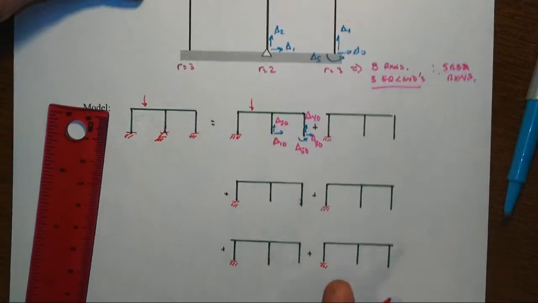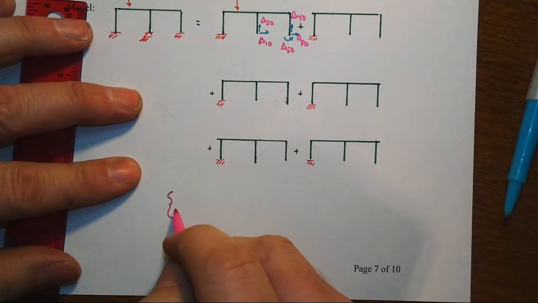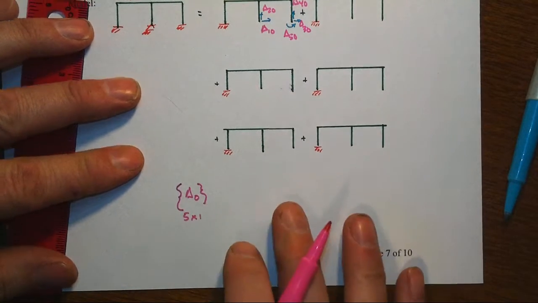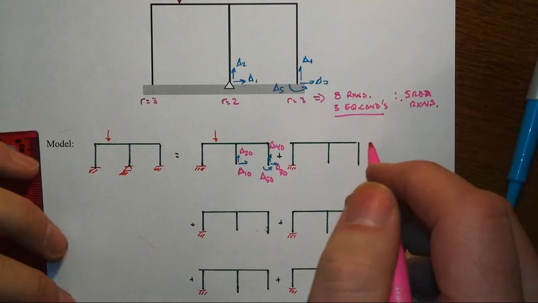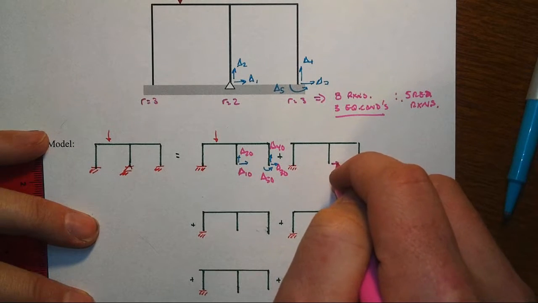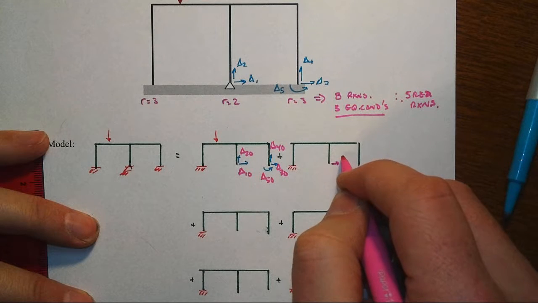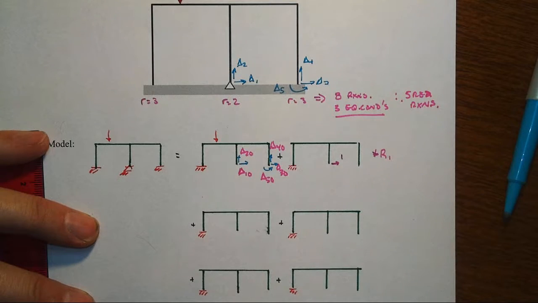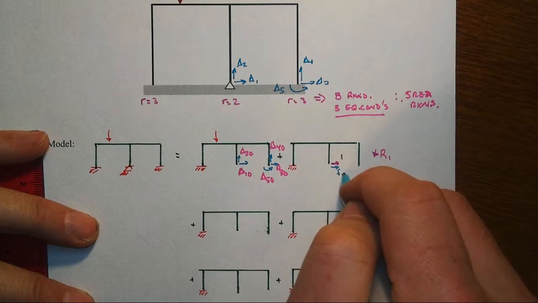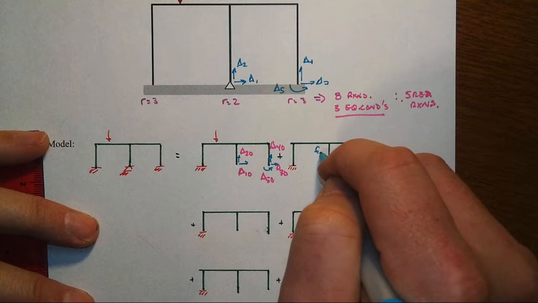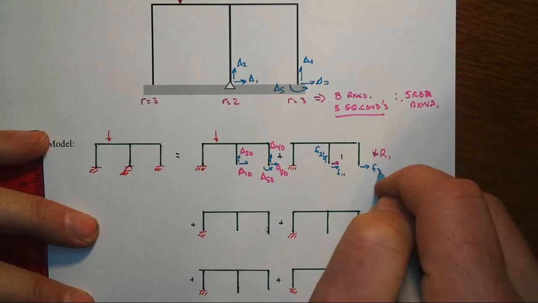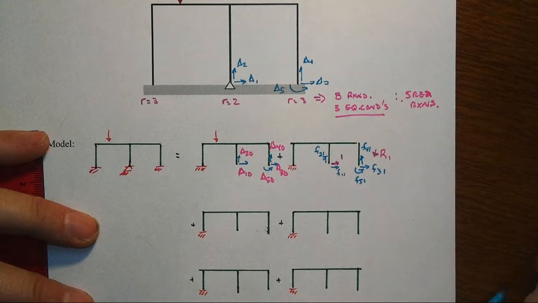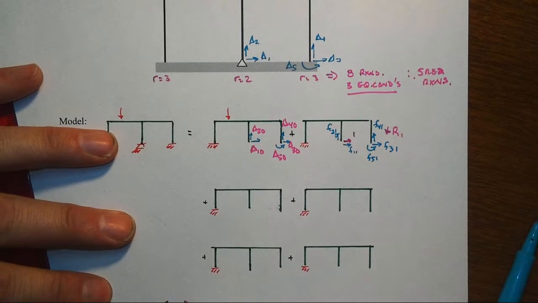Thinking later on, those will all go into a vector of displacements that will be 5 by 1. Then we're going to sequentially replace each one of these by the redundant reactions. So I'm going to put a unit load of 1, and then we'll multiply this whole thing by the actual value of R1. Now we've got to calculate F11, F21, F31, F41, and F51. Now this starts to get a little tedious, but it's not that bad.